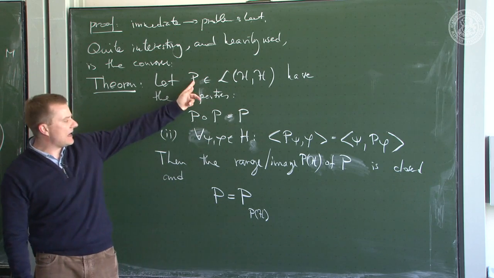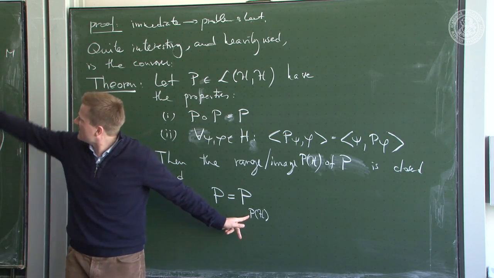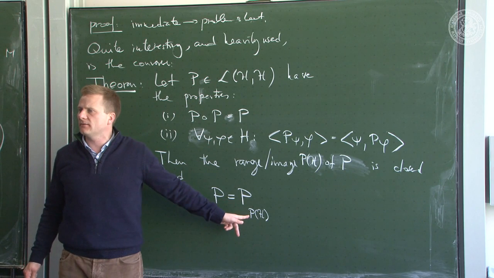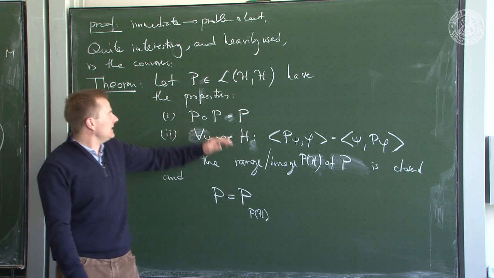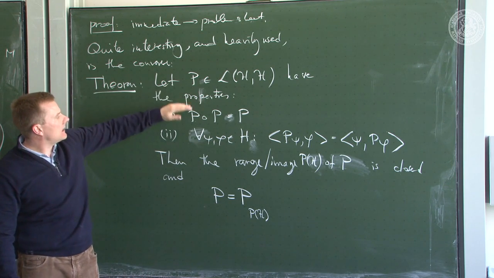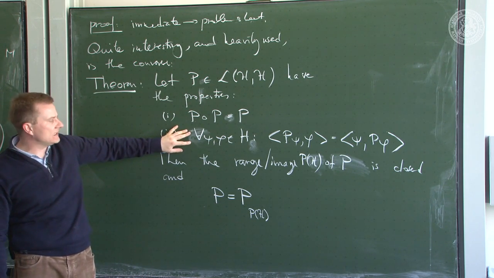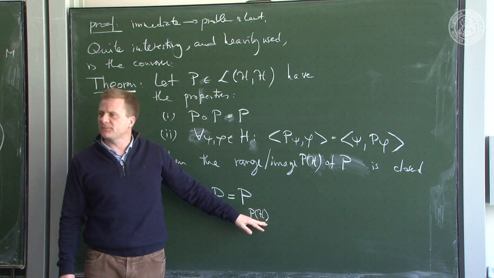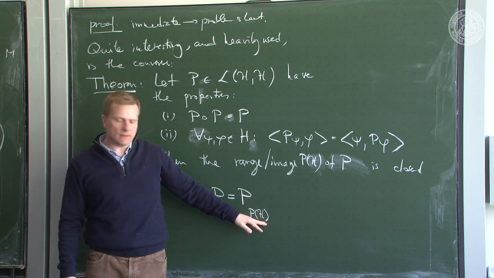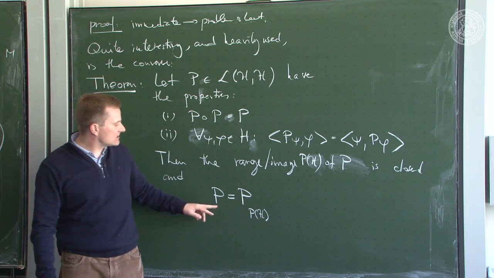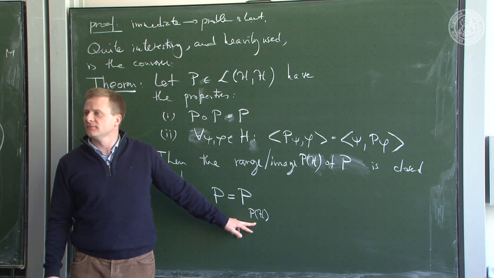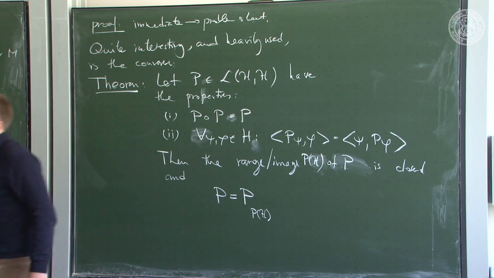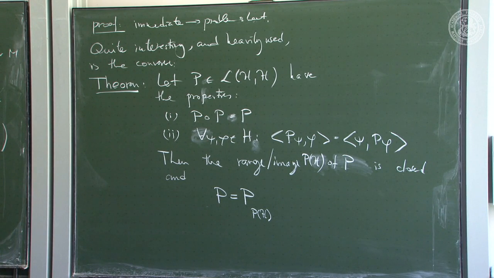And then the P you have must be the P that has been constructed in the way we did in the previous statement. So for any map that's bounded and it has this property and that property, you find a closed subset, namely the range of the map, such that it's the projector to that closed subspace. Okay? So any projector can be written like this, right?